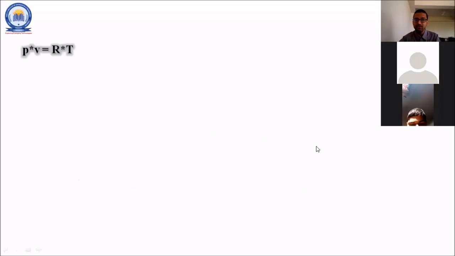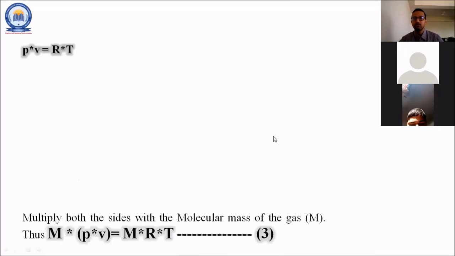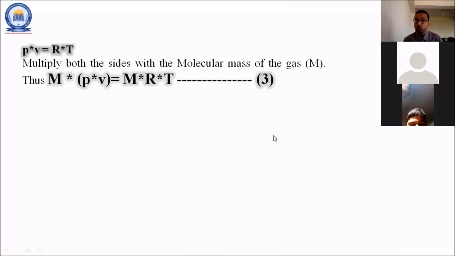Moving further, now we are using the equation Pv is equal to RT, where v stands for the specific volume. So now, multiplying both sides of the equation with the molecular mass of the gas, that is capital M. So multiplying capital M on both sides, there is no change in the equation.